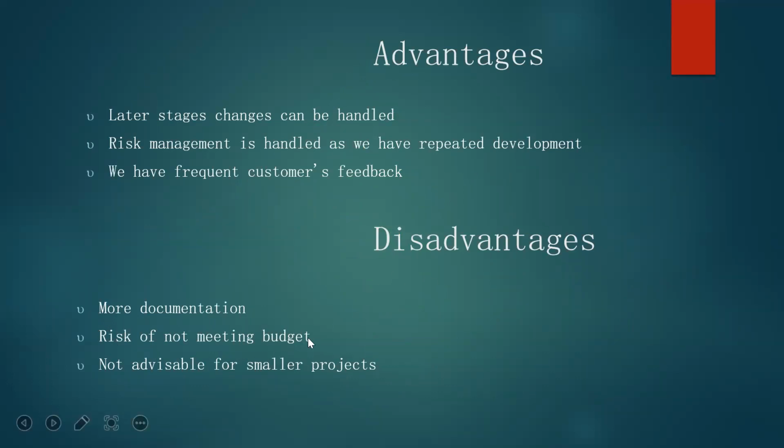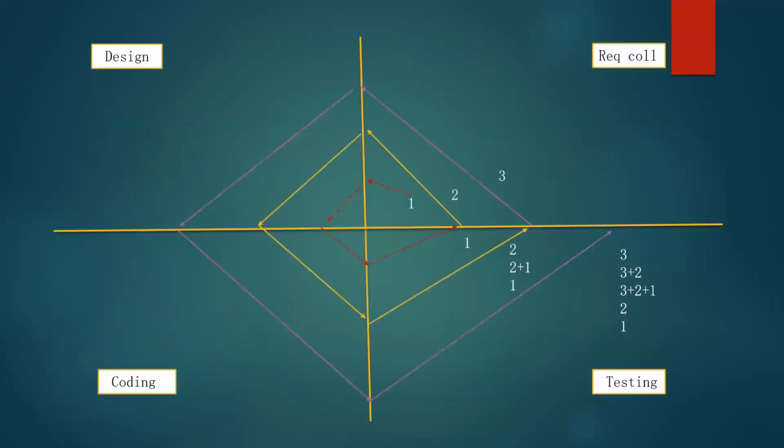Now, risk of not meeting budget. This is one more issue. For handling so many modules, I might need many resources that might not fit into my budget. A single person or a two-person QA team can't sit and do all the testing of every module in this way. This is a very tough process.